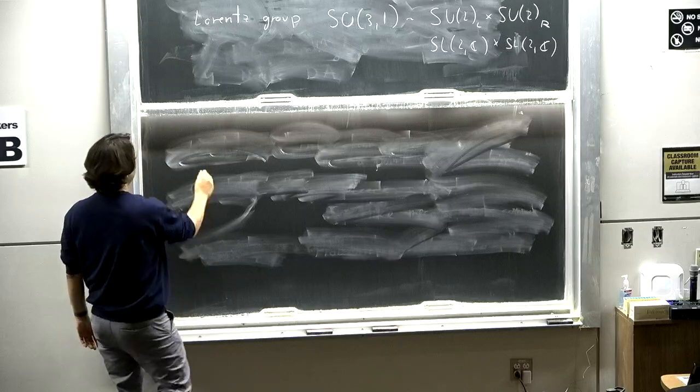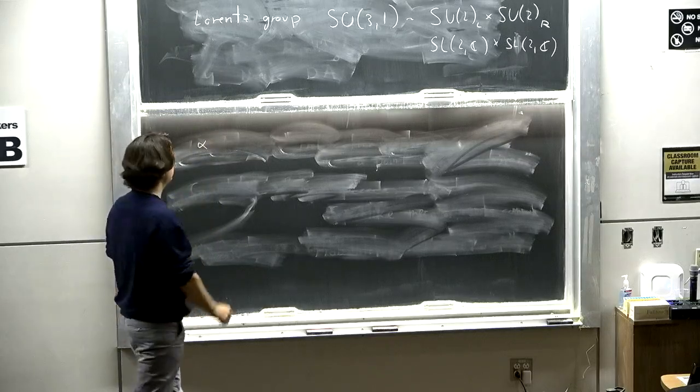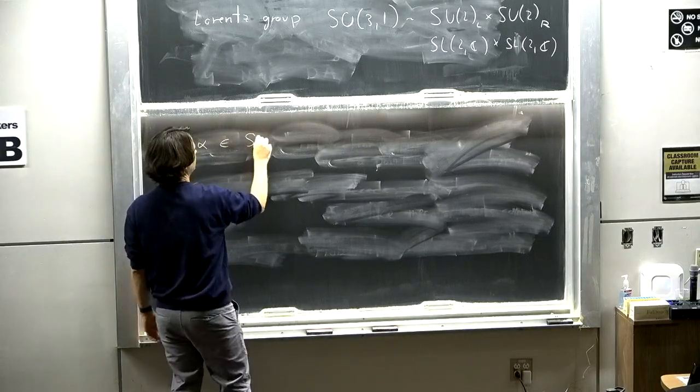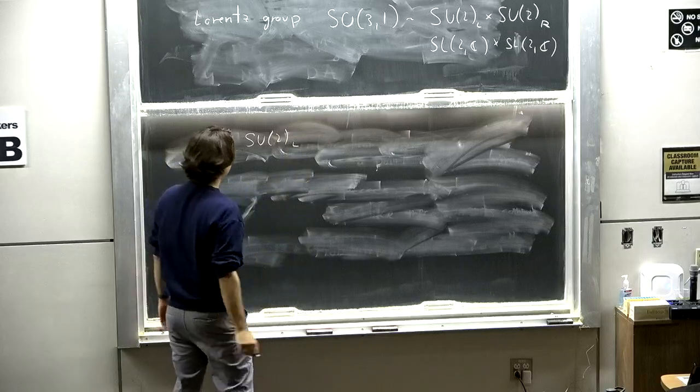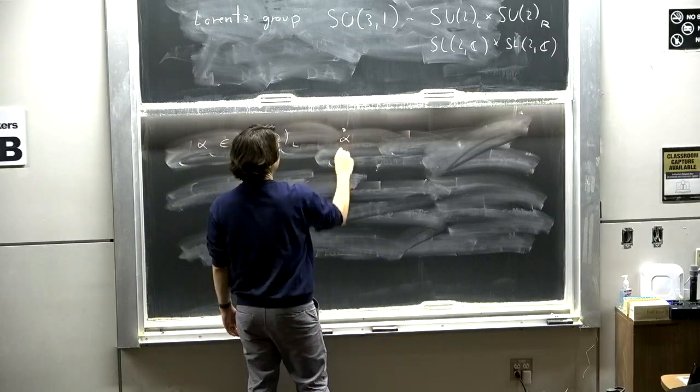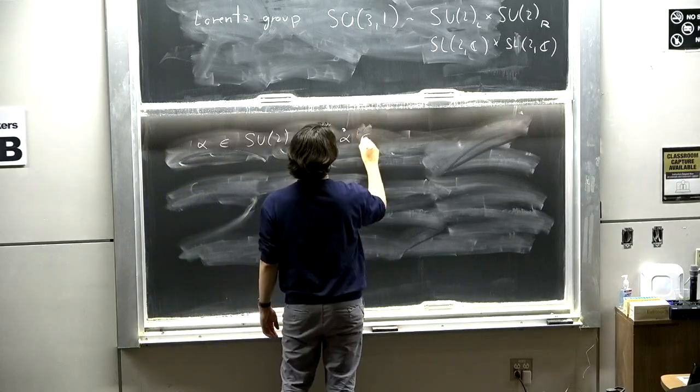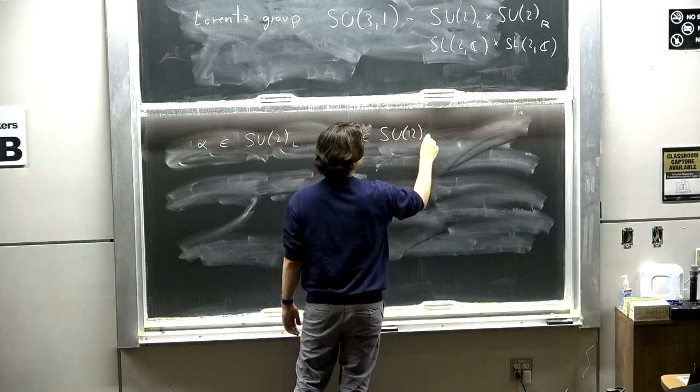Okay, so we're going to have two kinds of indices: undotted indices, which are like SU(2) left, and then dotted indices, which are of SU(2) right.